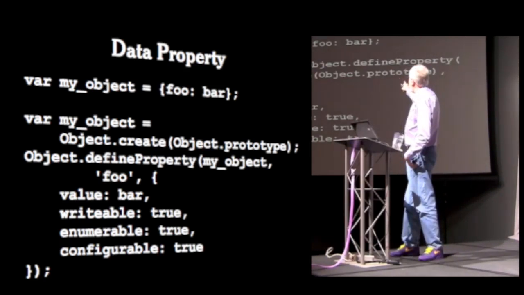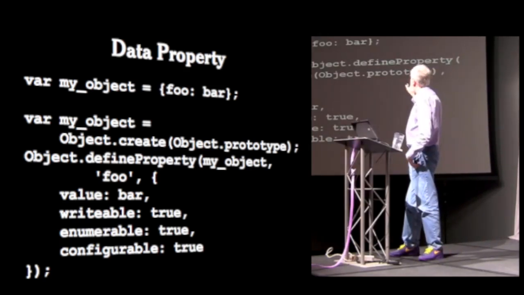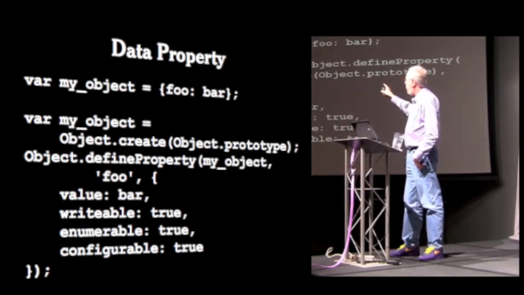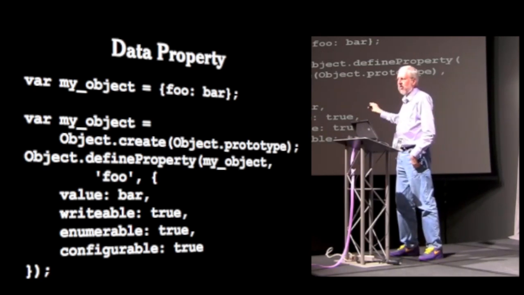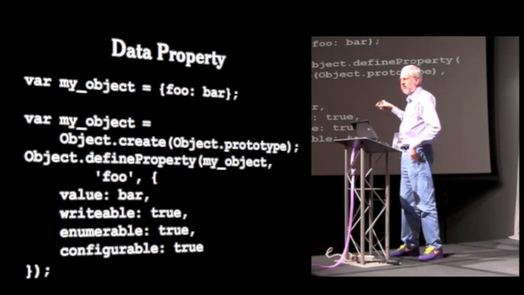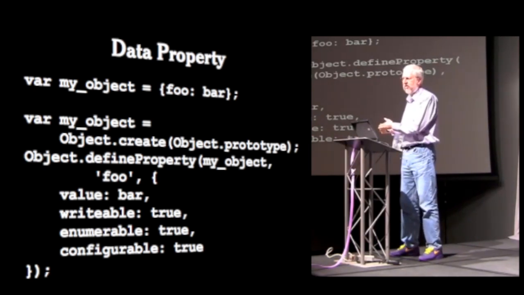So I'm using a function here called Object.defineProperty. It takes an object that we're going to inherit from, or that we're going to modify, the name of a property, and a descriptor object. A descriptor object is just an ordinary object, but its keys are the same as the names of the attributes that we want to set.